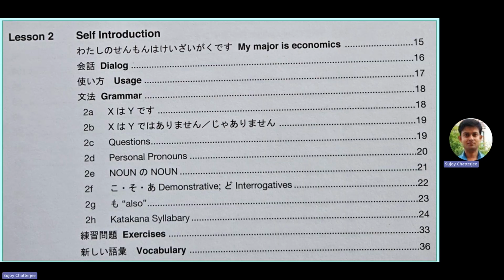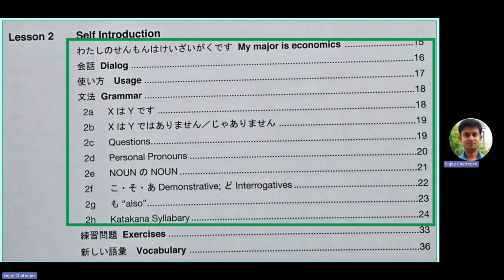And this is the content of lesson 2, which we have been discussing over the last three lectures. So we are done with all of these that you are seeing inside the green box.